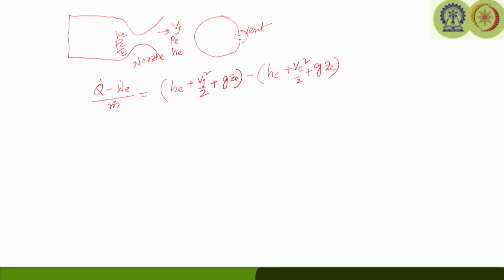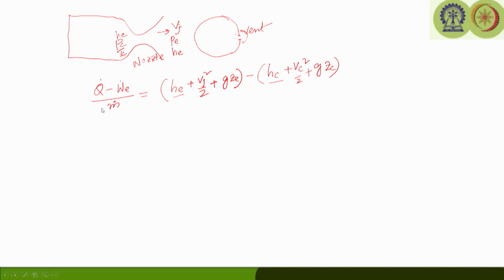Okay. Now, here m dot is the mass flow rate through the nozzle. We have already said that Hc and He are the enthalpy of gas in the chamber and at the exit of the nozzle. ZE and Zc are the heights above the datum at entry and exit.